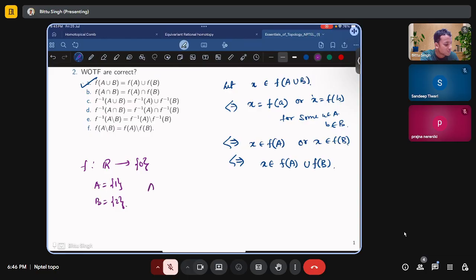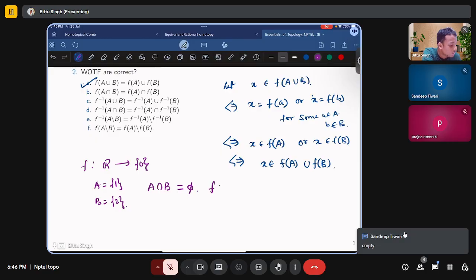Then what is A intersection B? There is nothing common between A and B, so A intersection B is the empty set. Exactly. So if you apply f on the empty set, you will get the same empty set. f of A intersection B is empty.